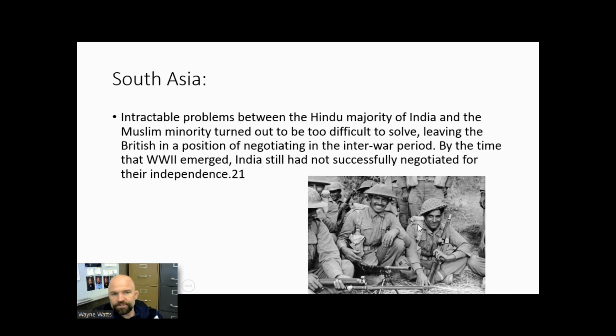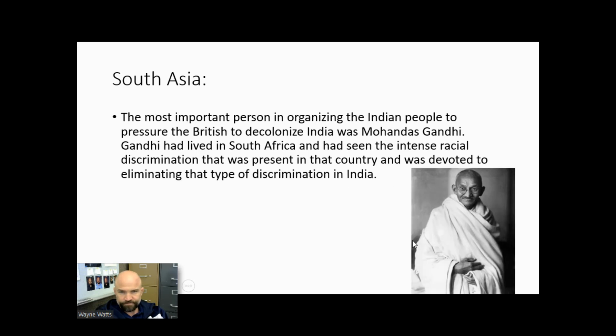Intractable problems between Hindu people and the Muslim minority of India turned out to be too difficult to solve, however, leaving the British in a position of negotiating in the interwar period. By the time that World War II emerged, India still had not successfully negotiated for its independence.